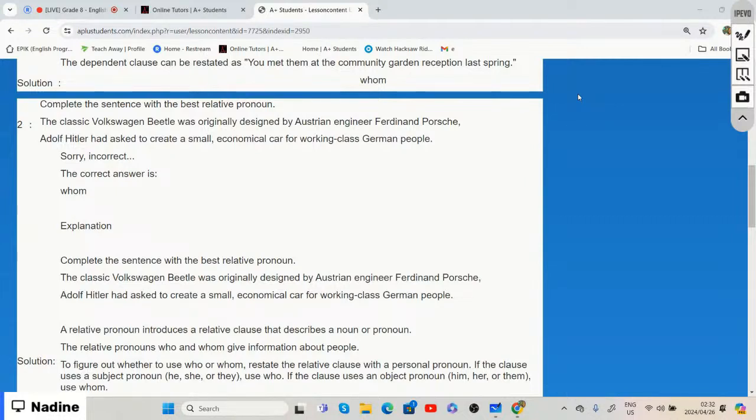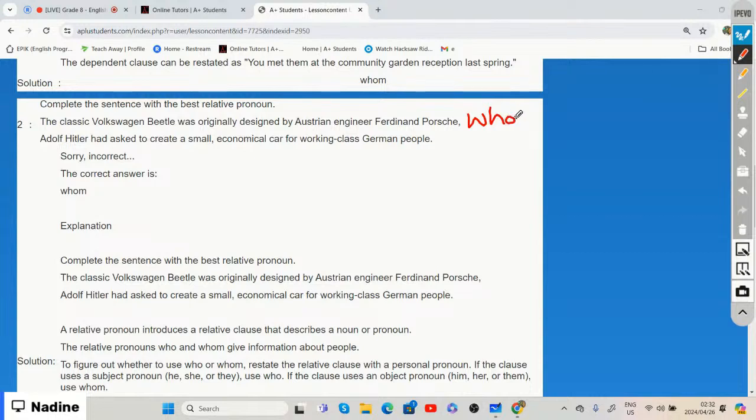So somebody else had asked him to create it. So we can say whom Adolf Hitler had asked to create a small economical car for working class German people. So we say whom.